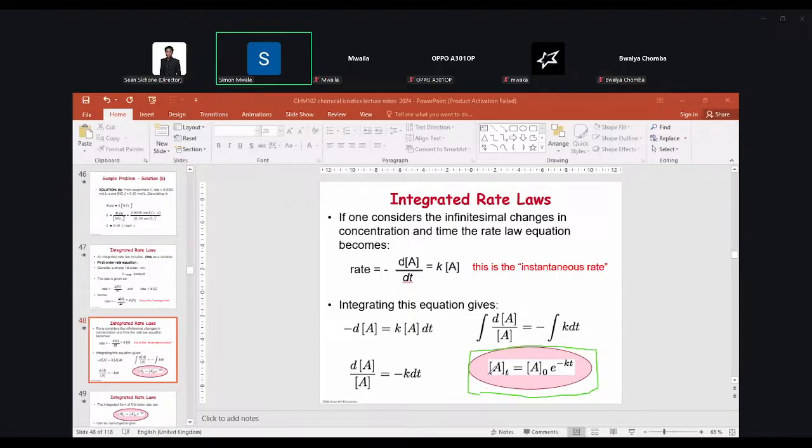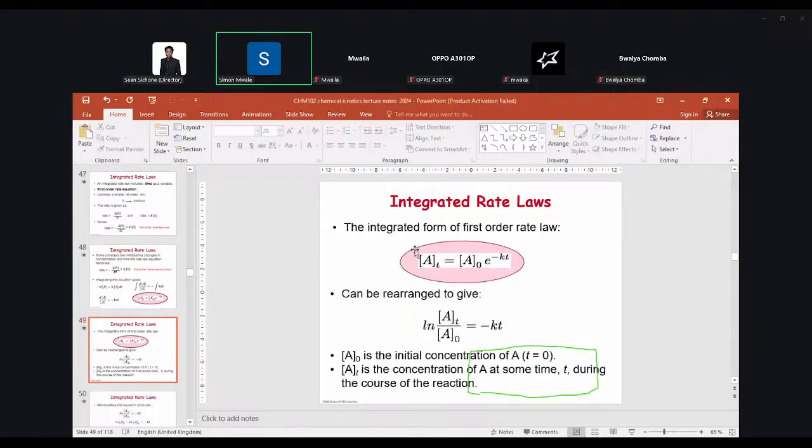If I want it in the natural log form, then this equation can also be written in a natural log form as the one that has been shown here. These two equations are the same. The one expresses in terms of exponential, the other one expresses in terms of natural log.